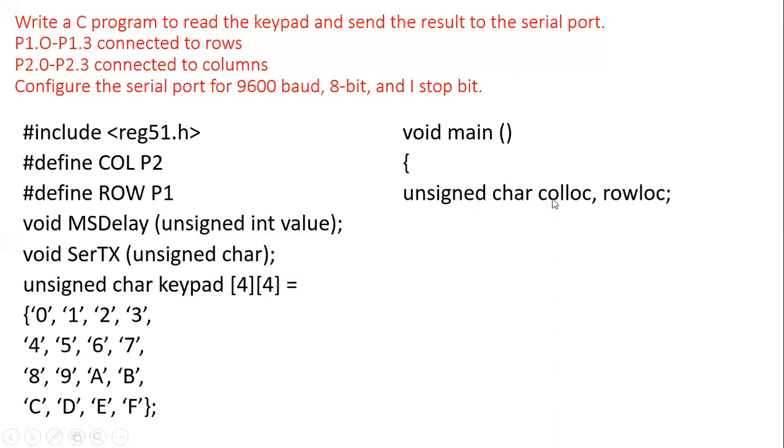Let's see the use of them in the subsequent discussions. So unsigned character column location and row location. Since we are using serial communication, we need to do some preparations related to serial communication as well.